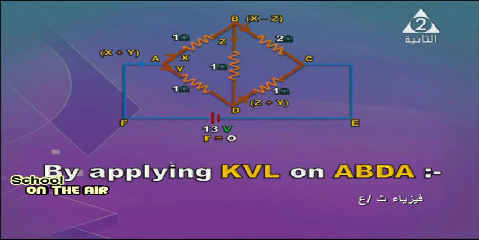If we go clockwise, we are in the same direction as the current flowing through arm AB and arm BD, but against the current Y in arm AD.